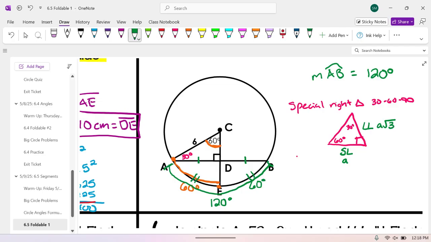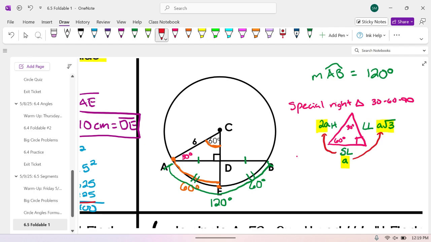And the side directly opposite from the 90-degree angle is obviously the hypotenuse, and it's 2 times the short leg. So everything connects through the short leg. There's no direct path from the hypotenuse to the long leg. You got to go through the short leg first.